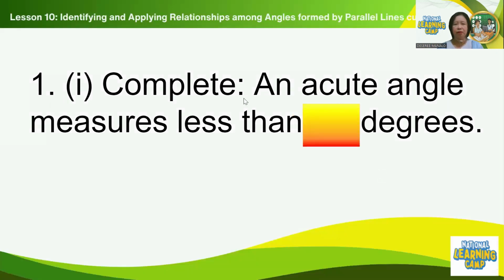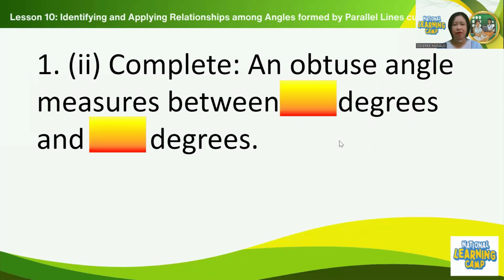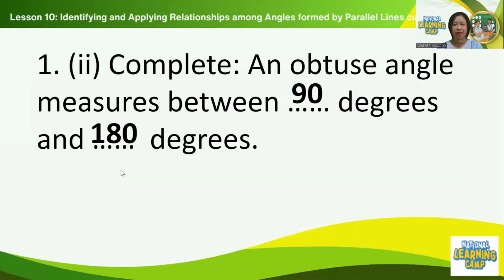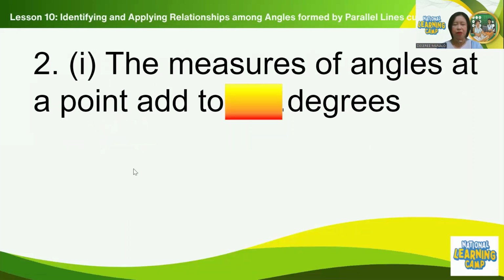1. Complete. An acute angle measures less than blank degrees. Answer is 90 degrees. 2. Complete. An obtuse angle measures between blank degrees and blank degrees. The answer is 90 degrees and 180 degrees. 2.